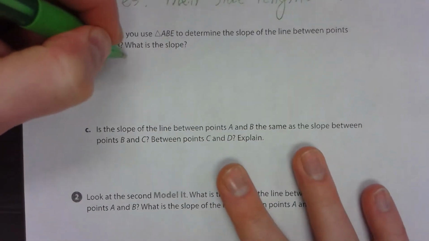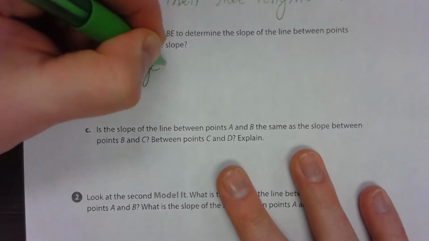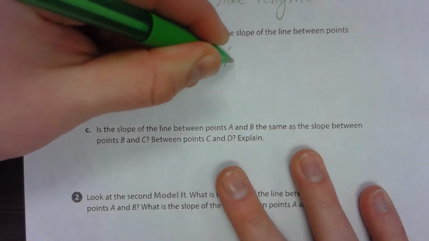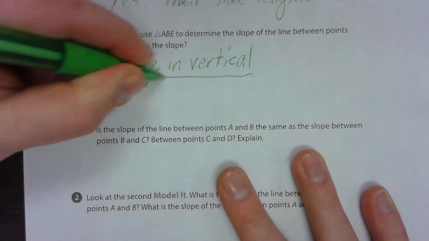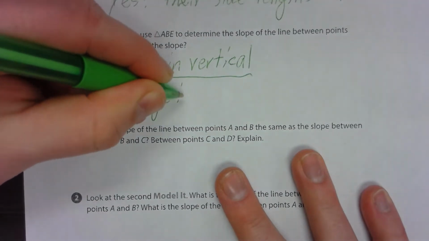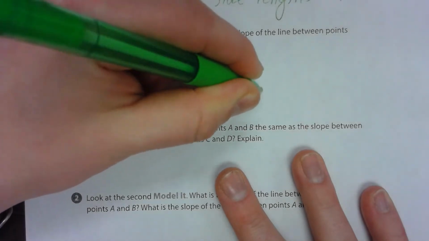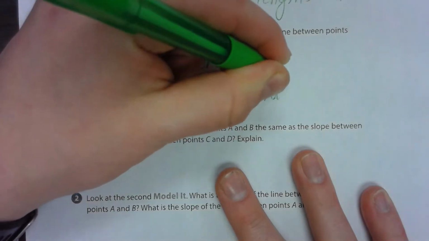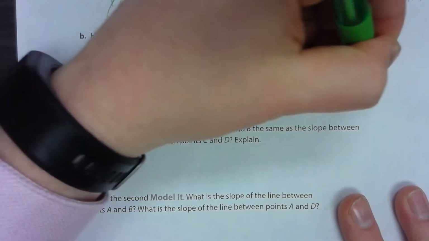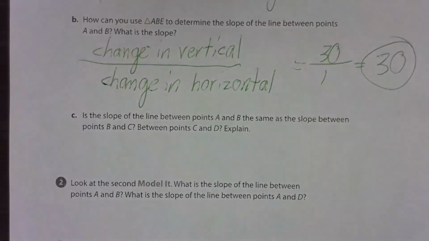We are going to take the change in our vertical divided by our change in the horizontal. And we found out that was 30 divided by 1, which gave us 30, our slope.